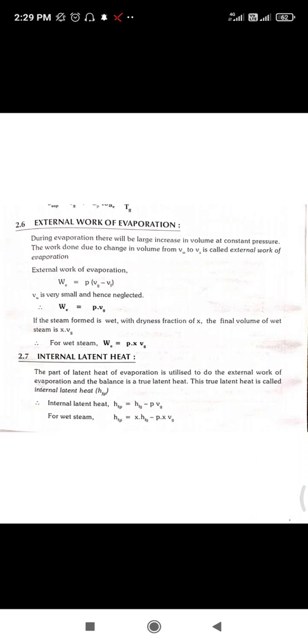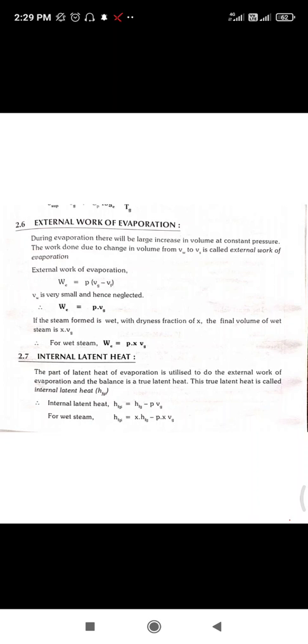Once again, during evaporation there is a large increase in volume at constant pressure. The work done due to the change in volume from Vw to Vs is called external work of evaporation. The external work of evaporation, W, is equal to P times (Vg minus Vf), where Vf is very small and hence neglected. Therefore, W is equal to P into Vg.